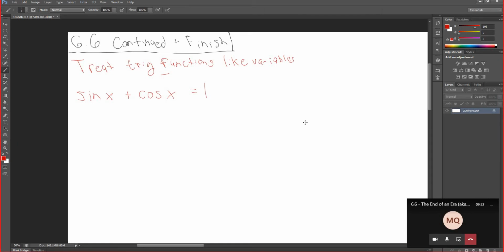to this section. Okay, so for our first example, we have sine of x plus cosine of x is equal to 1. This is something we have seen. Can anyone recall the Pythagorean identity?